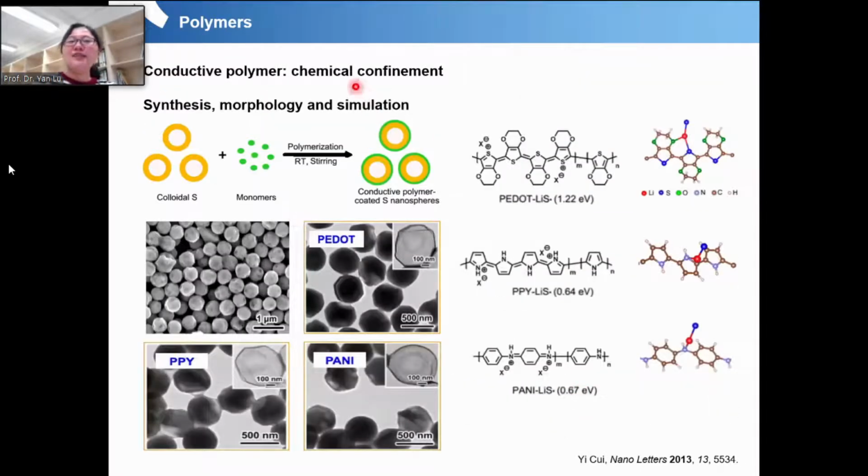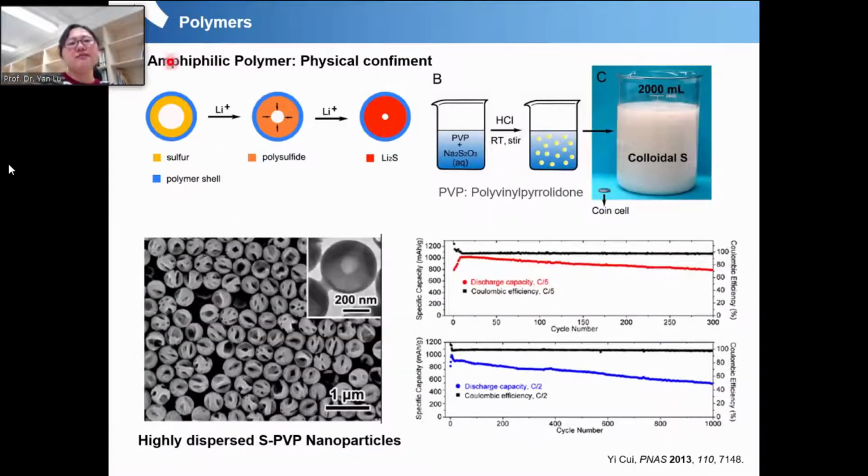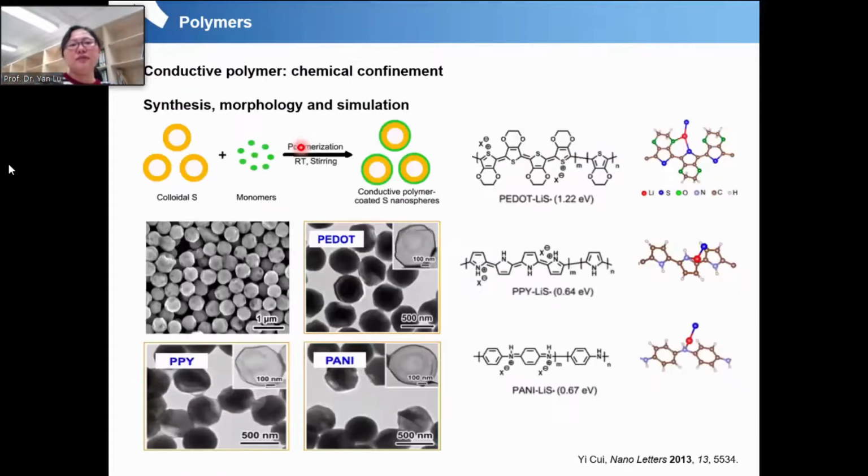And then, of course, they want to improve their system, because in this case they use PVP, which is an amphiphilic polymer, and this PVP does not have any special affinity with polysulfide. So it can only give a physical confinement to the polysulfide. Then they think about whether they can improve the system.